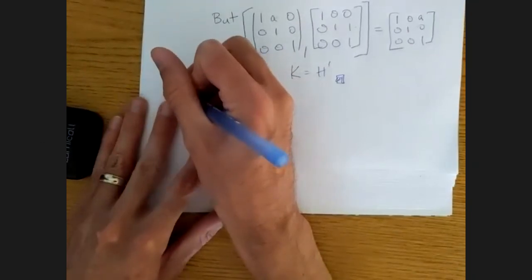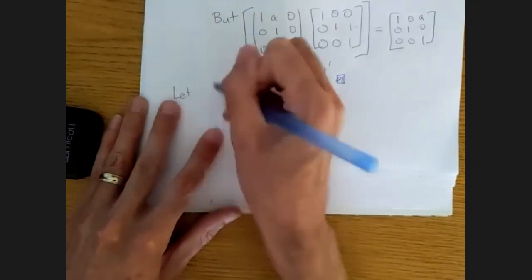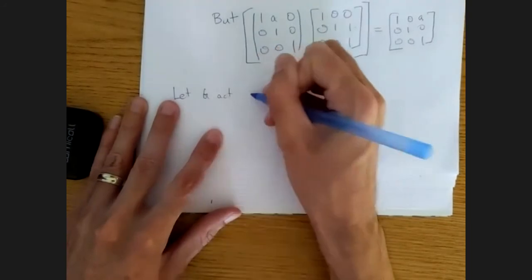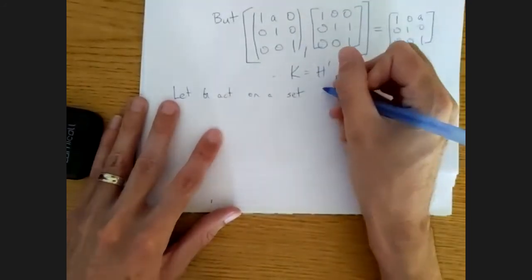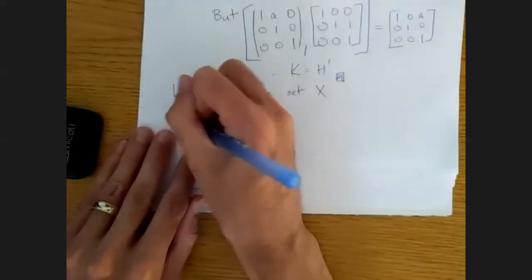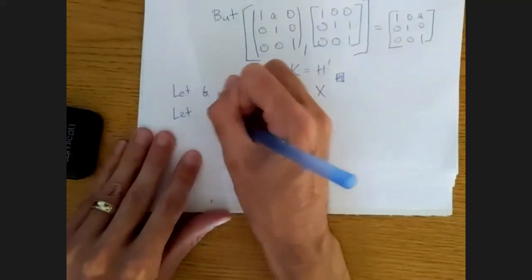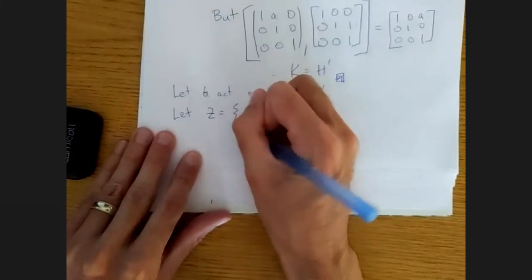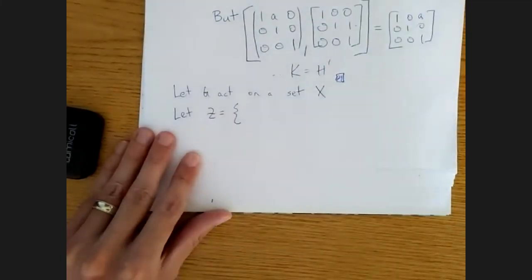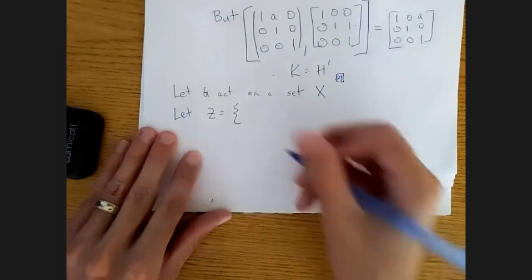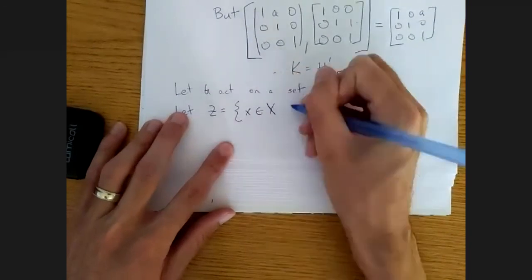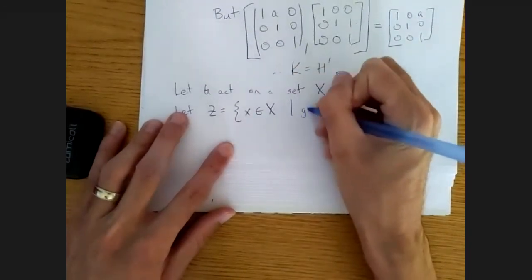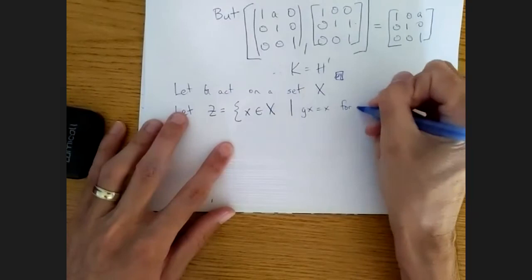Okay. So let G act on a set X. Remember the center of the group action, I'll just write it down. This is the center Z. Okay, the center is all the x's such that gx equals x for all g.